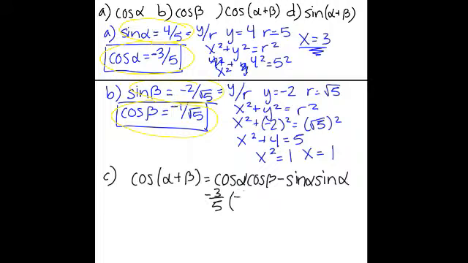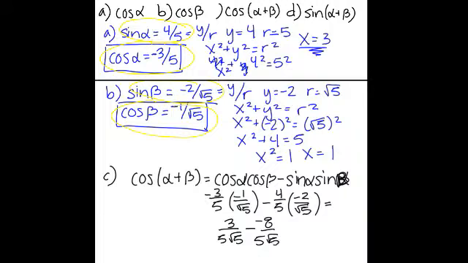Cosine beta is negative 1 over rad 5. Minus sine of alpha was 4 over 5. And sine of beta was negative 2 over rad 5. Which will give us 3 over 5 rad 5, minus negative 8 over 5 rad 5, which ends up being 3 plus 8, 11 over 5 rad 5. Remember, I don't make you rationalize it, so you can leave it like that.